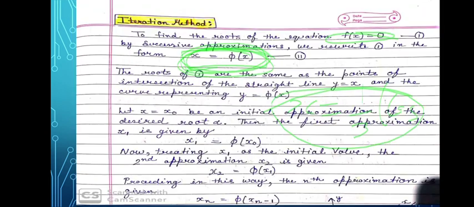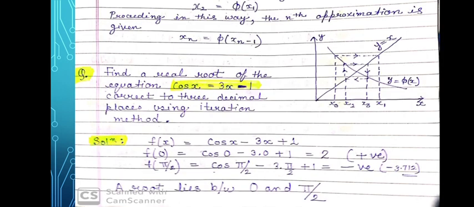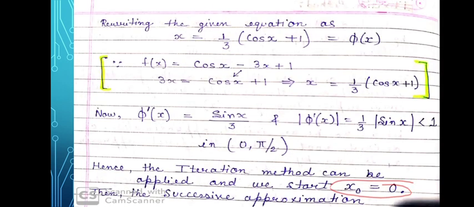This whole thing is the algorithm for the iteration method, how we will use it. But if I explain this with the help of an example, it is easier to understand. So try to understand the example properly.